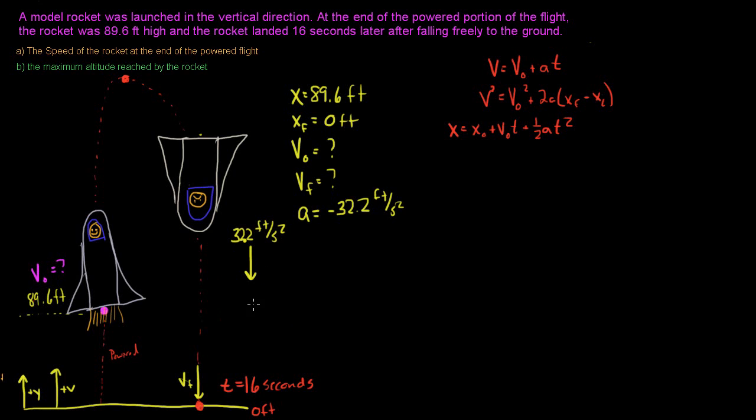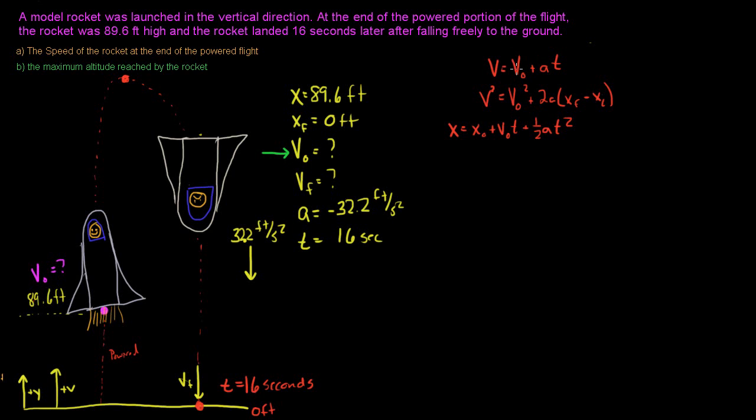It's going the opposite direction, so it's a minus sign. And we also know t. T is equal to 16 seconds. And we know we're solving for v0, so our equation has to have a v0 in it.